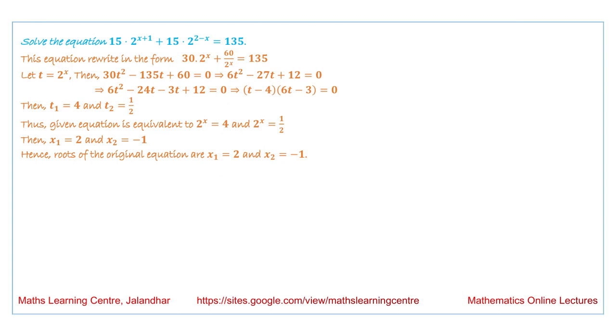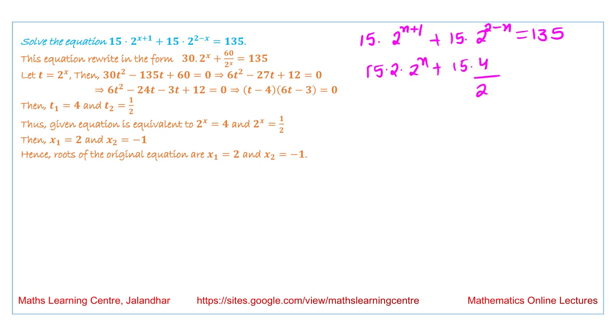Now the next equation we have is 15 into 2 raised to the power x plus 1 plus 15 into 2 raised to the power 2 minus x is 135. So we are writing it as 15 into 2 raised to the power x plus 15 into 4 over 2 raised to the power x is equal to 135.